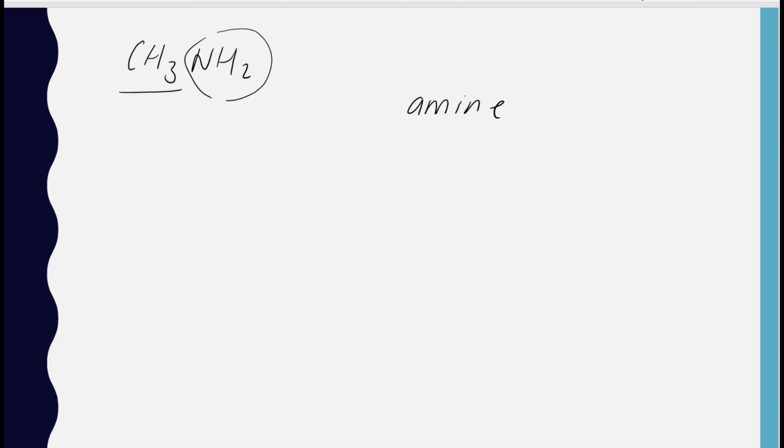And looking over here, we have a methane group, so it's a meth group. It is single bonds, so it's an ane group, and the only position is carbon 1, so there is no need for a number there, so we'll call it methanamine.